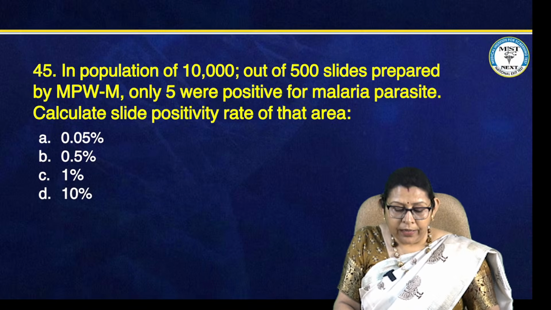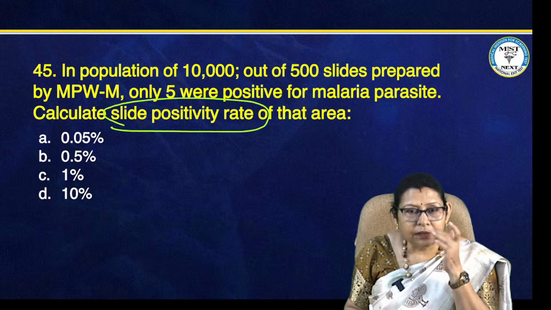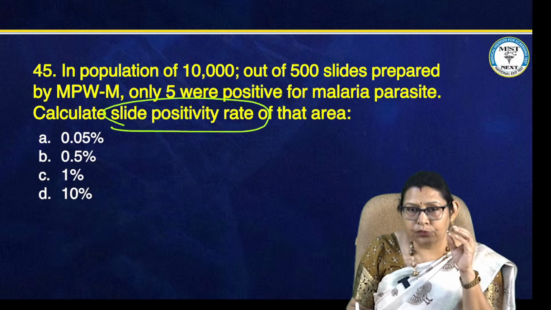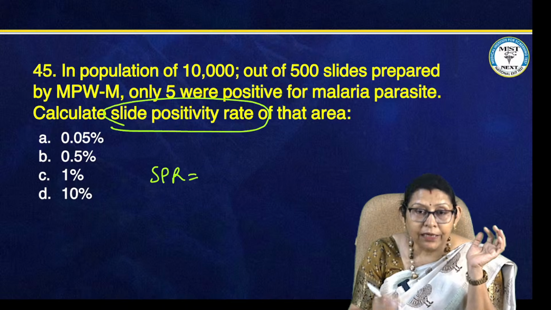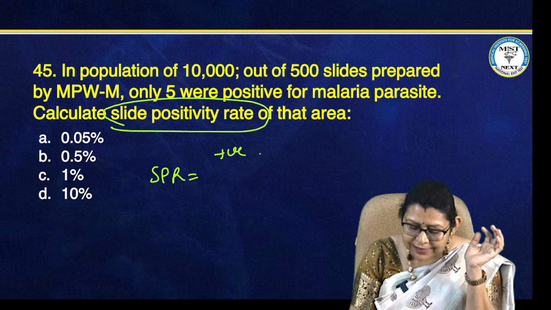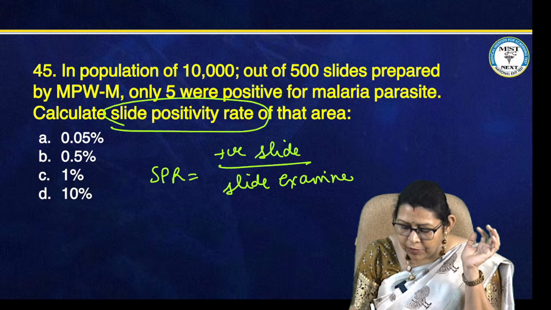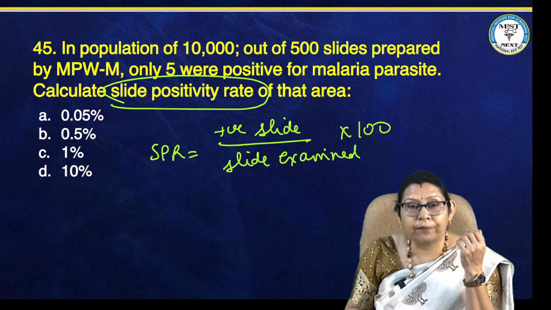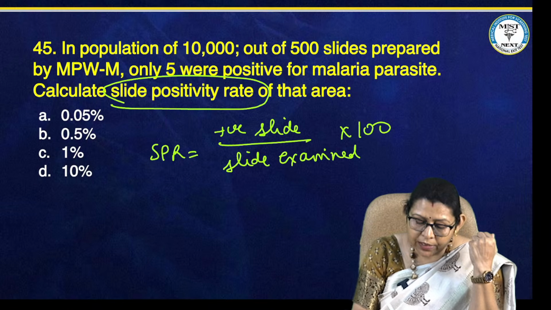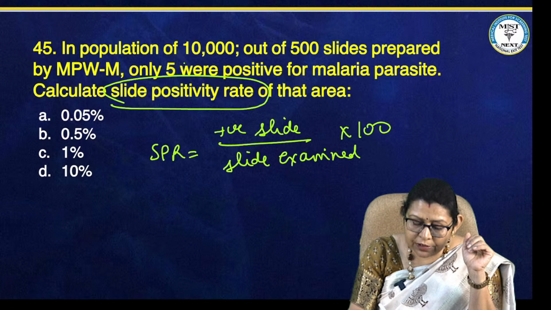ठीक है बेटा. Again, slide positivity rate. These are all the malaria indices, so go through the indices again. Slide positivity rate means positive slides divided by slides examined, into 100, because again it is in percentage. So in the population of 10,000, यहाँ पे total population की जरूरत नहीं है.